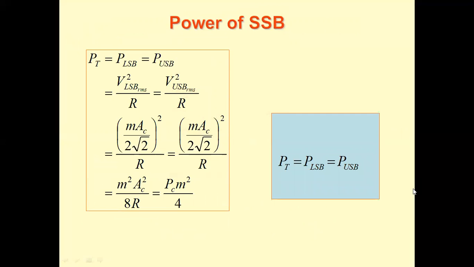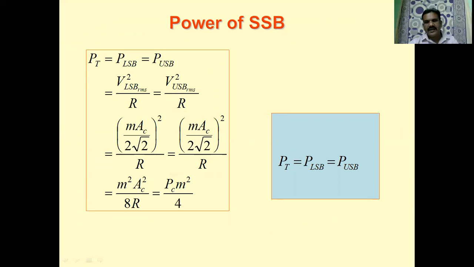Now let us see the power of the SSB modulation scheme. As we already saw, AM requires carrier, upper sideband and lower sideband, and its power is equal to PC into 1 plus M square by 2.